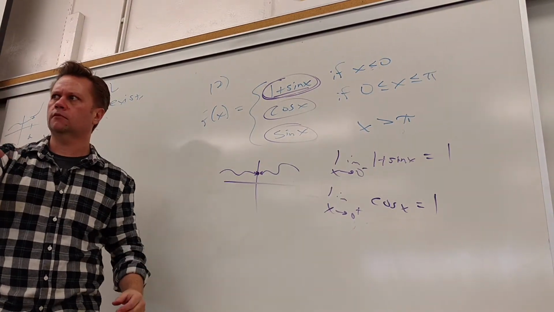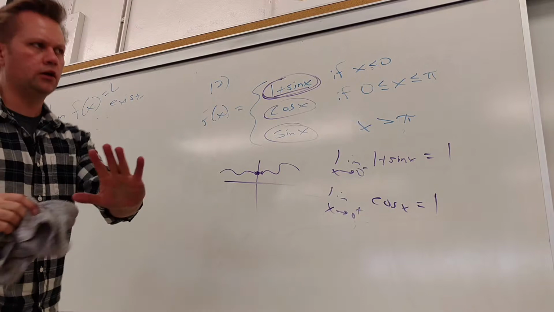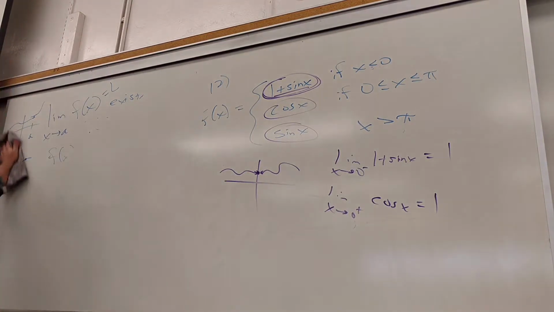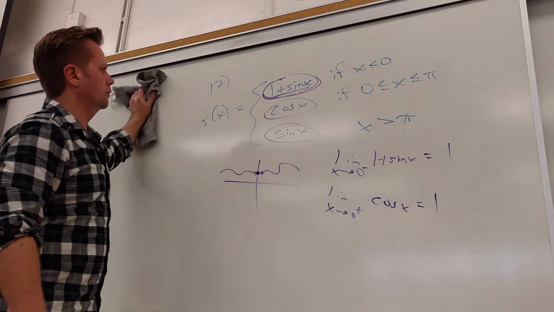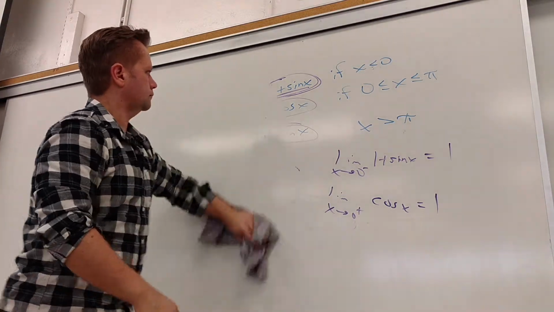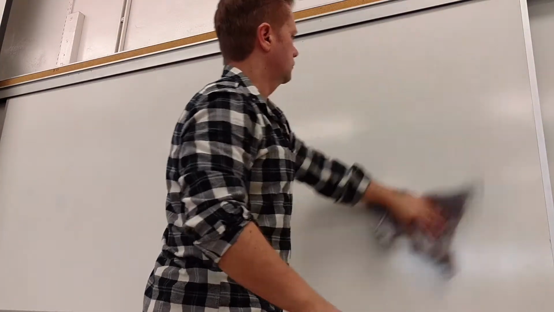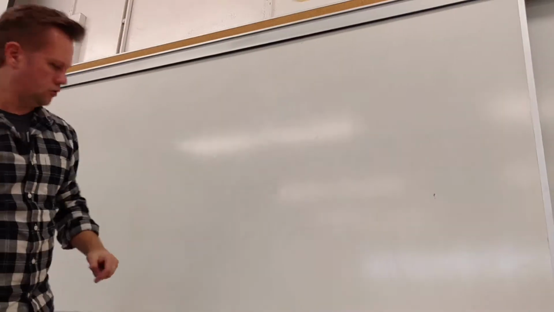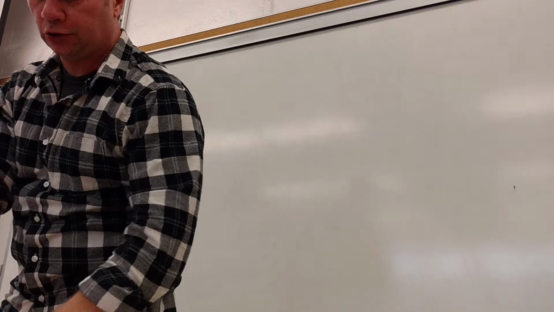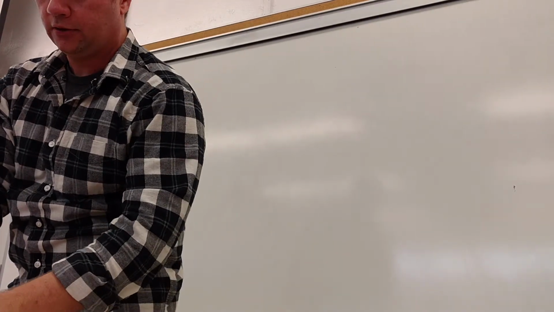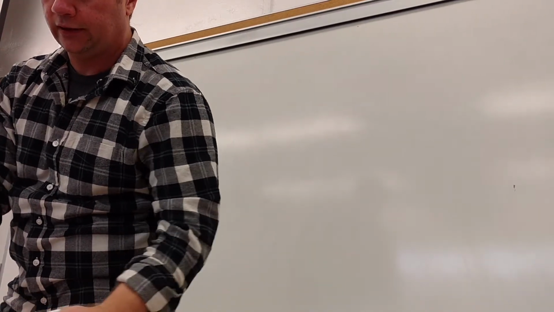All right. Okay, so let's step a little bit into the idea of 2-4. Just to remind you guys, we went past 2-4. We've actually sort of gotten into 2-6. 2-6 is limits as x goes to infinity.